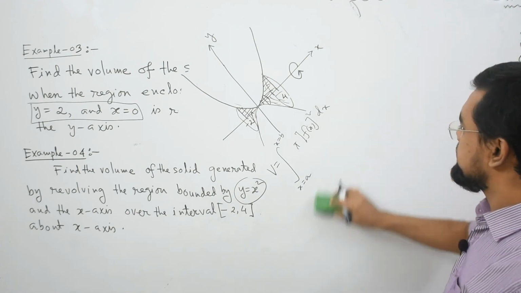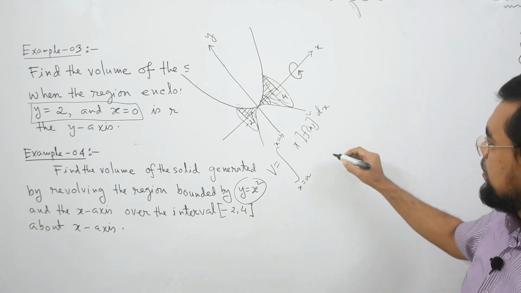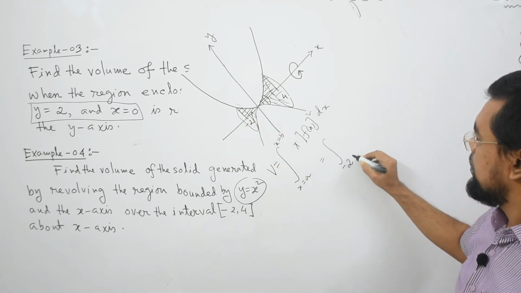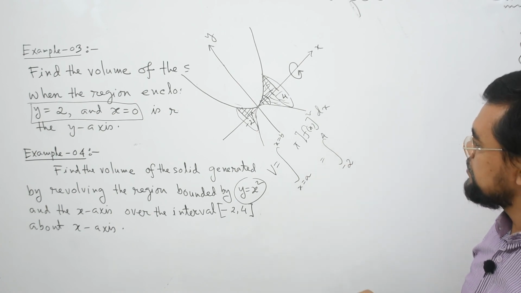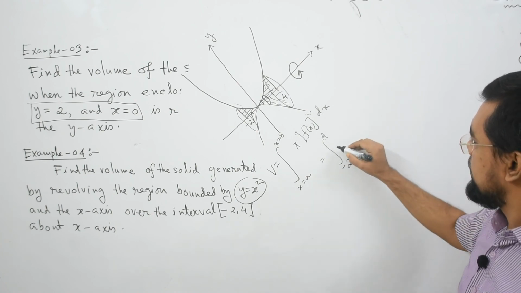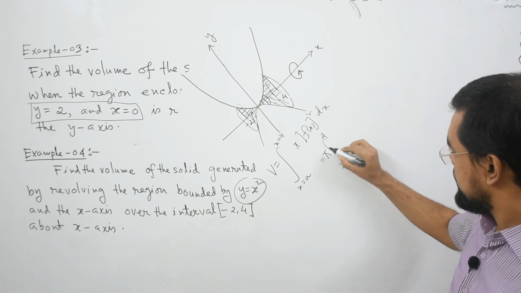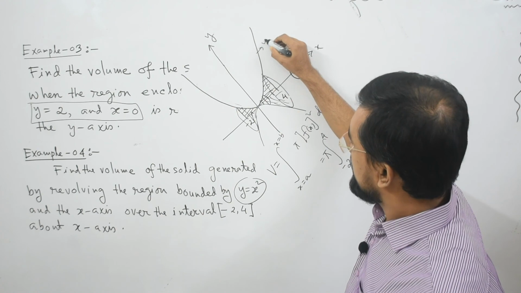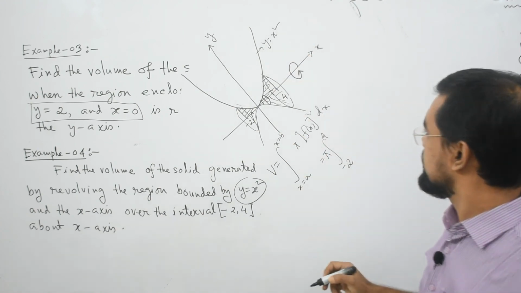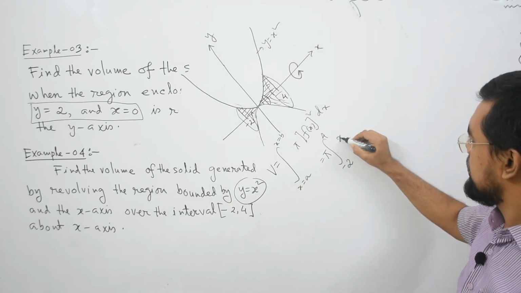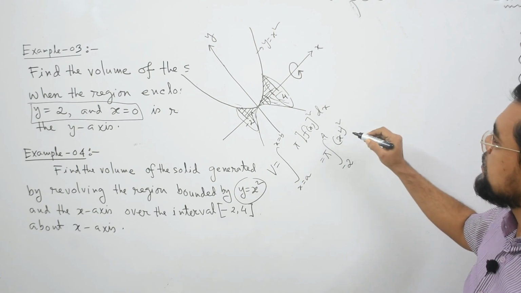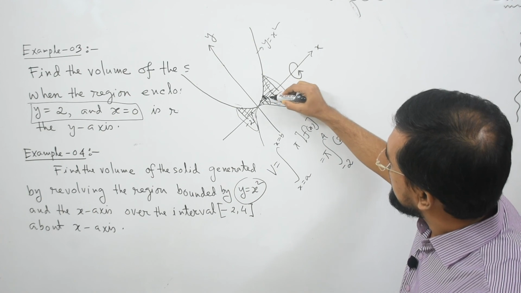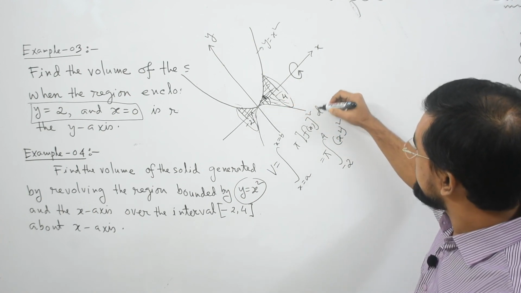Here the lower limit is minus 2, the upper limit is 4, and pi you can put outside of the integration sign. y equals x square, so f(x) equals x square, whole square. f(x) is the radius, which is this. At x equal x, the radius is f(x).